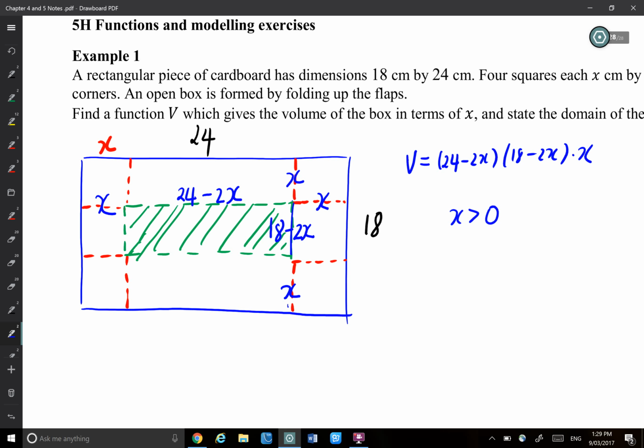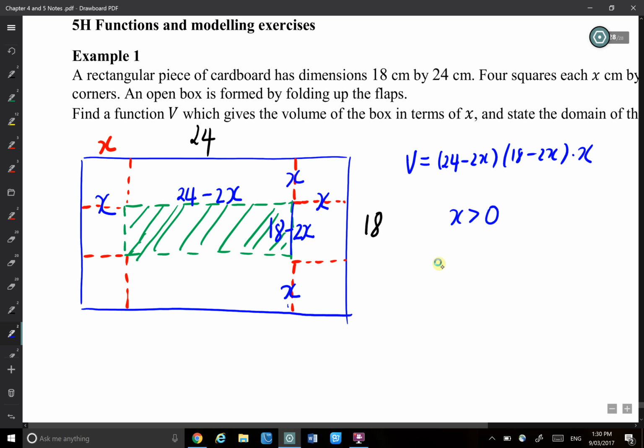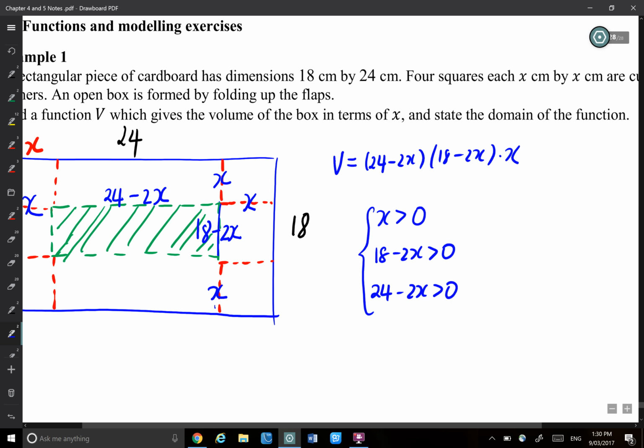Yes, okay. So you have length and width. So you have 3 dimensions on the rectangular box: length, width, and height. All of them need to be greater than 0. So you need 18 minus 2x greater than 0, and you need your length, 24 minus 2x, to be greater than 0.